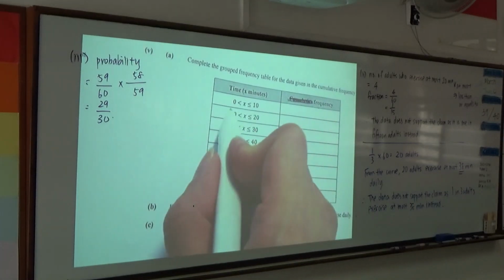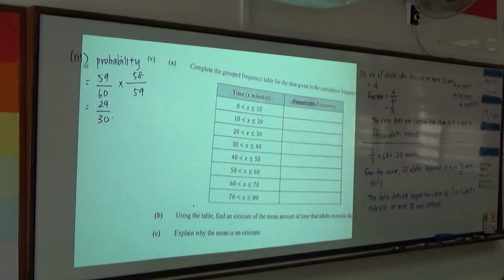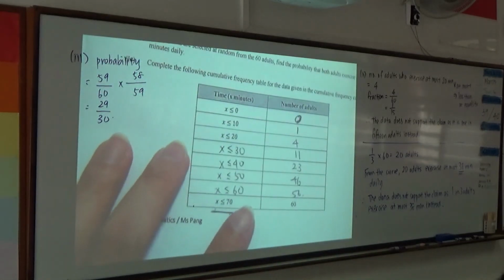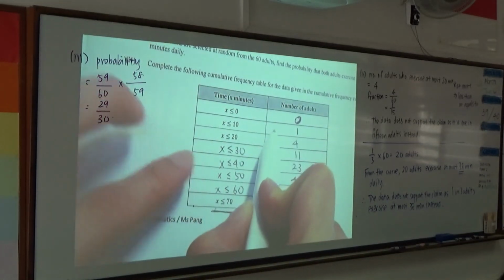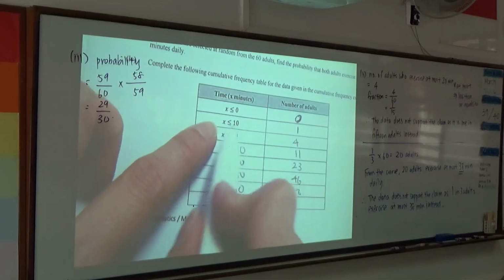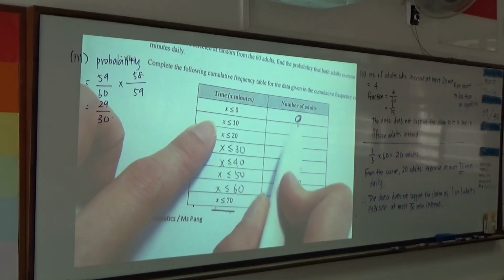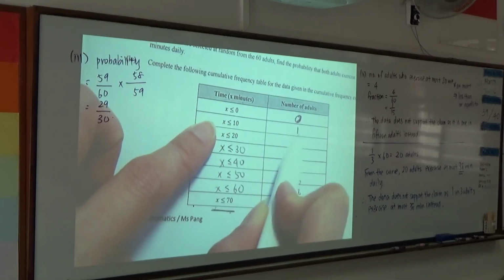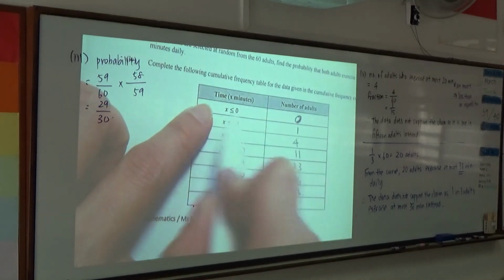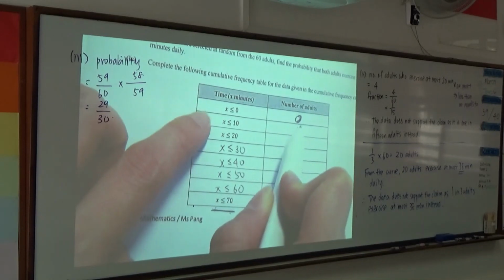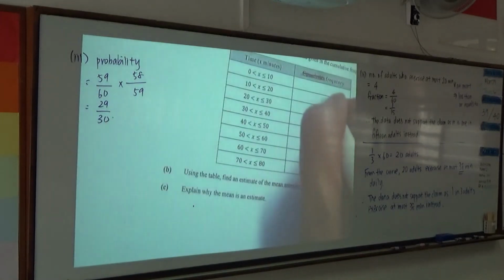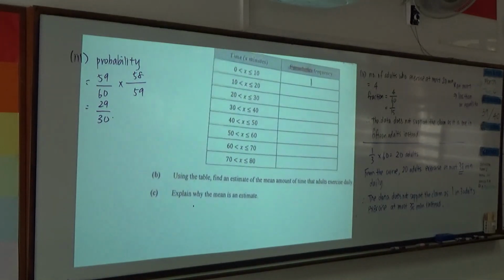For us to find out how many adults exercise between 0 to 10, looking at this, 0 to 10 means it is between these two. So it is just one adult that exercises between 0 to 10, because this one is less than or equal to 0. So 0 to 10 is just one adult only.